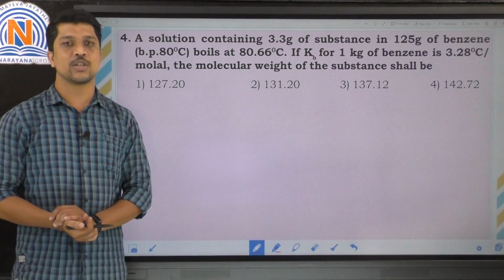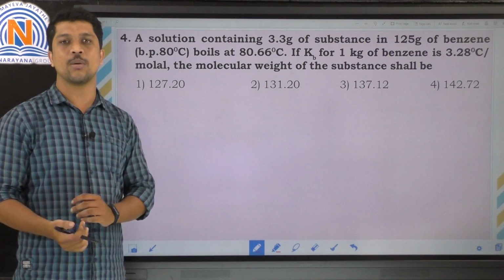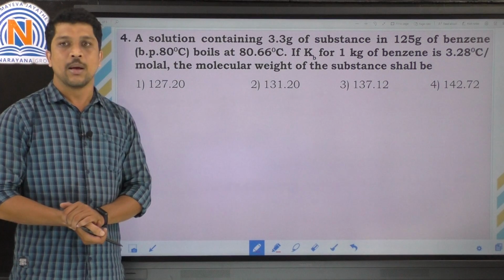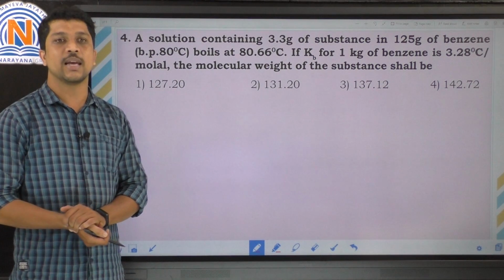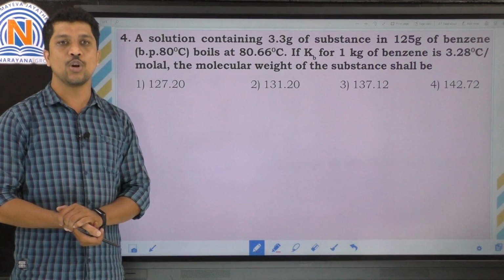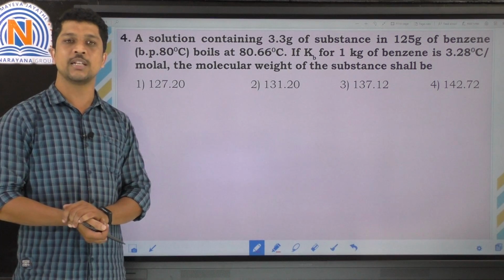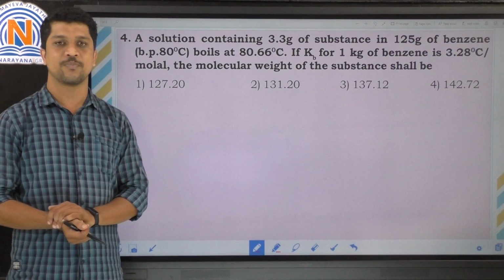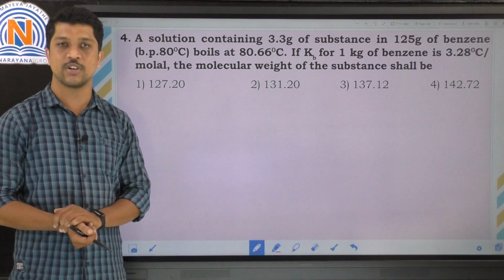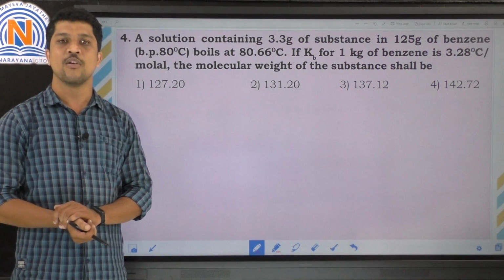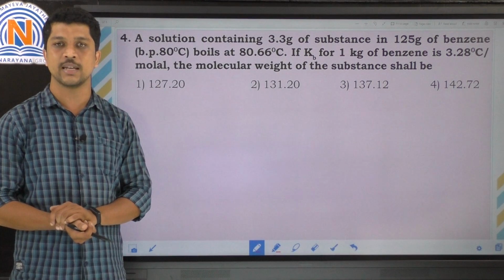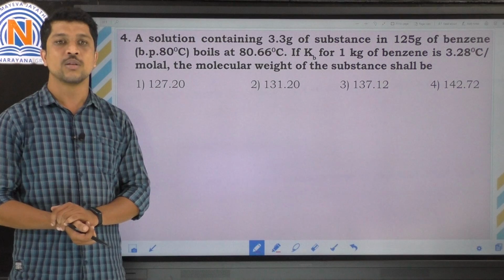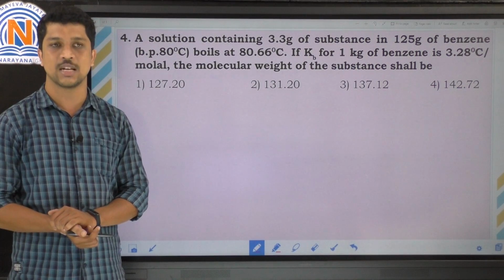Here is the question. A solution contains 3.3 grams of substance in 125 grams of benzene. The boiling point of benzene is 80 degrees centigrade. The solution boils at 80.66 degrees centigrade. If Kb, that is the molar elevation constant, for 1 kg of benzene is 3.28 degrees centigrade per molar, the molecular weight of this substance shall be.